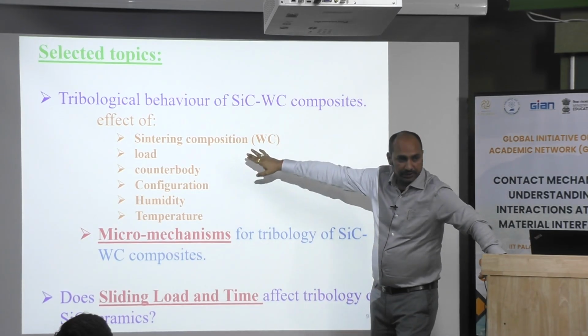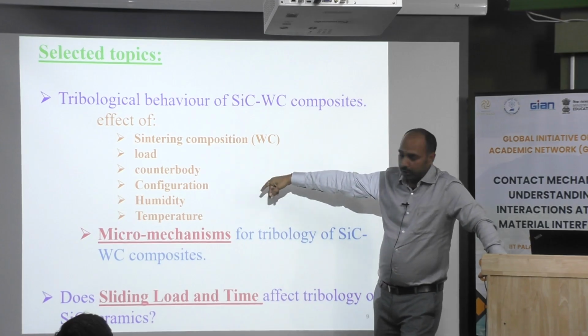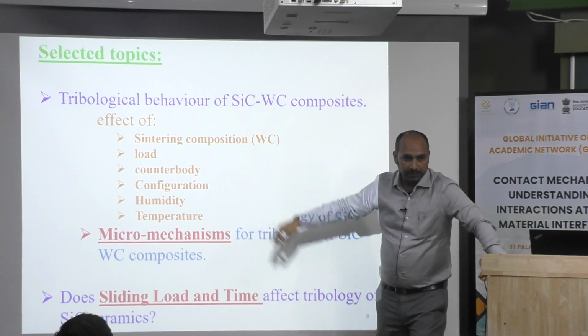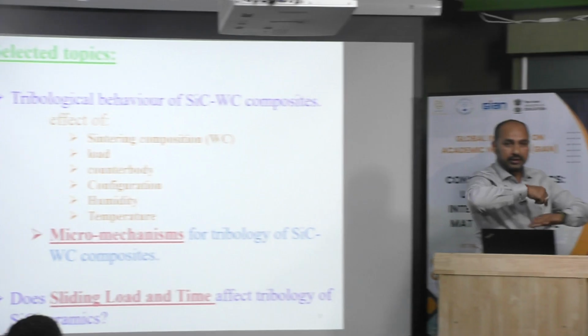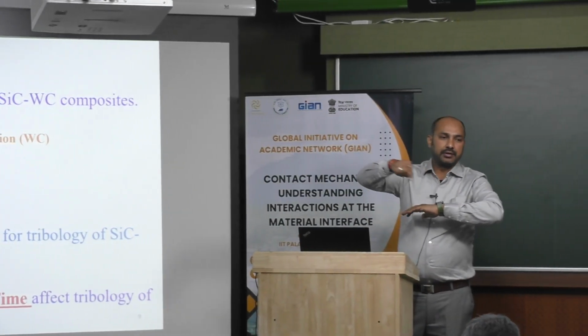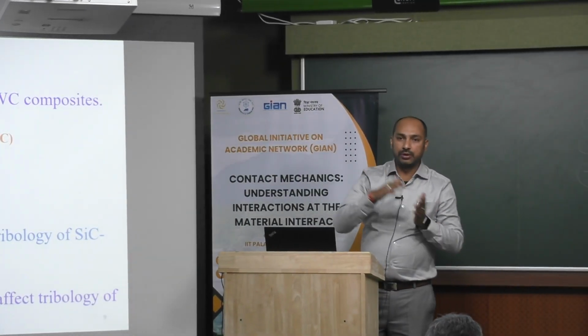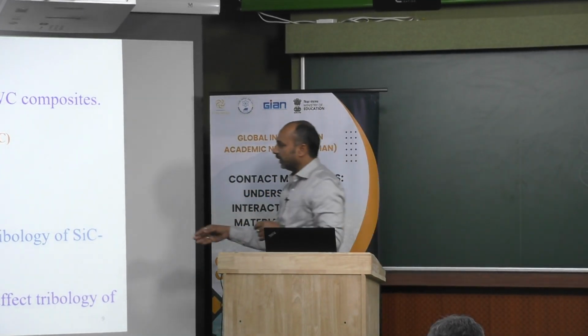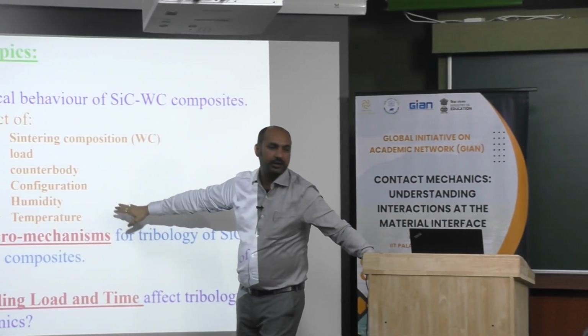Then we will change the load and the counter body configuration, meaning unidirectional continuous sliding as well as bidirectional reciprocating sliding. We will see how the wear behavior changes, and then the effect of humidity and temperature.